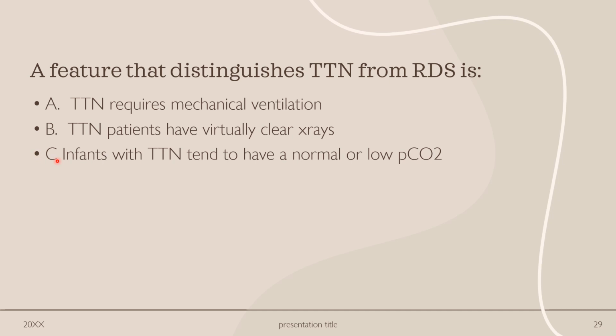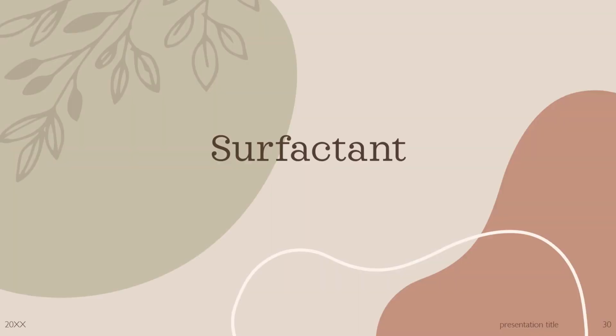C is the correct answer because these babies are breathing typically tachypneic, so they're blowing off a lot of their CO2, so they tend to have a low PCO2 or normal. So hopefully you got that question correct.